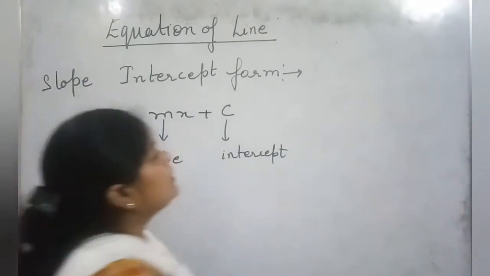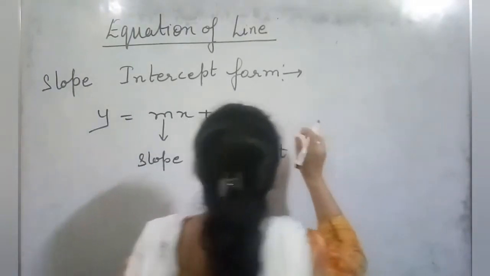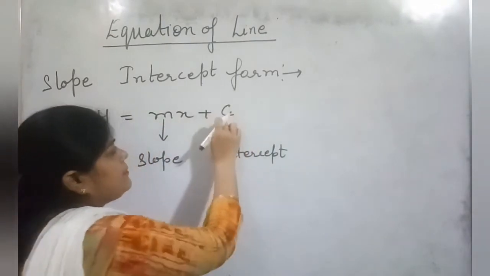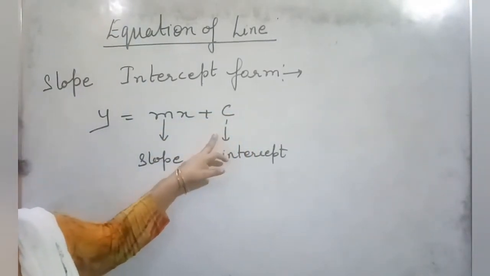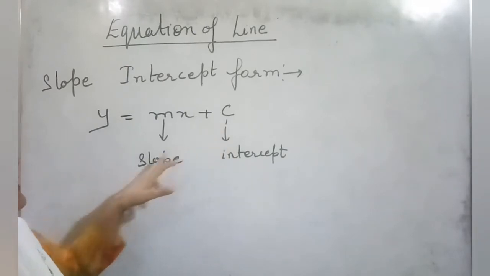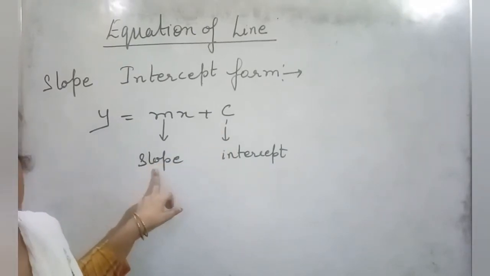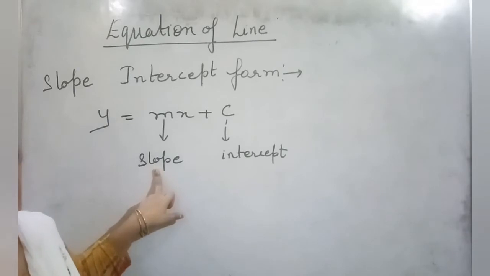Clear? Now what is the intercept? Intercept is the part which the line cuts with the y-axis, and slope is the inclination of the line with the x-axis.